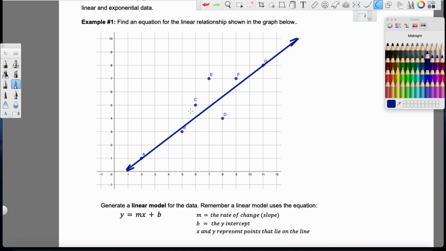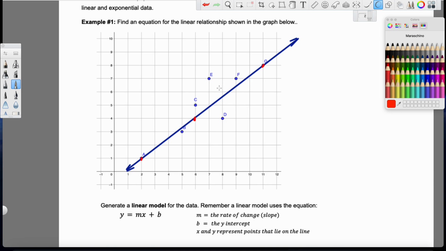And so we want to choose 2 points on this line. G works, and I guess A is right on there too. It just happened to go through that. I think this looks pretty good.